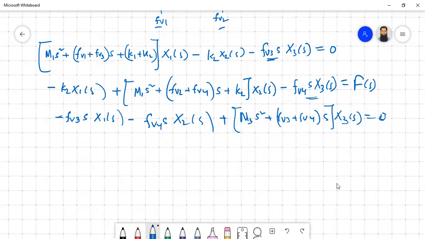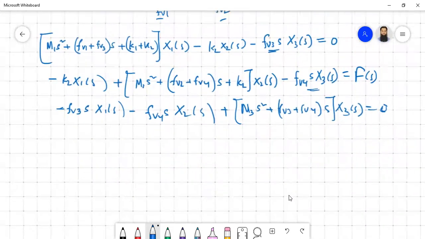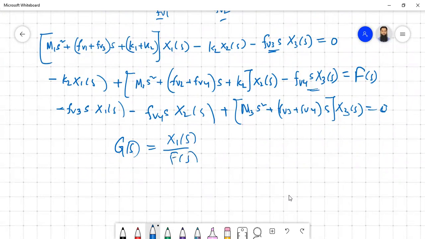Okay, so this is how you have to do it. Now they can ask you to find out the transfer function, any one of them, maybe X1 S by Fs, or maybe X2S by Fs, or maybe X3S by Fs.